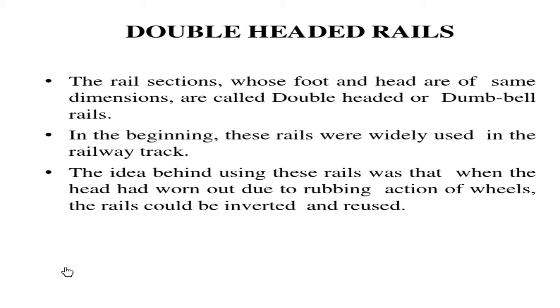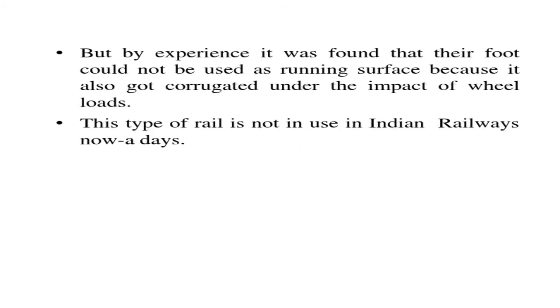and can be reused. But by experience it was found that the foot could not be used as running surface because it also got corrugated under the impact of wheel load. So each and every time some transformations were being made. In the beginning the idea was, if the foot as well as head are of the same dimension, once the head gets damaged or worn out, the bottom portion can be inverted and used as the head.